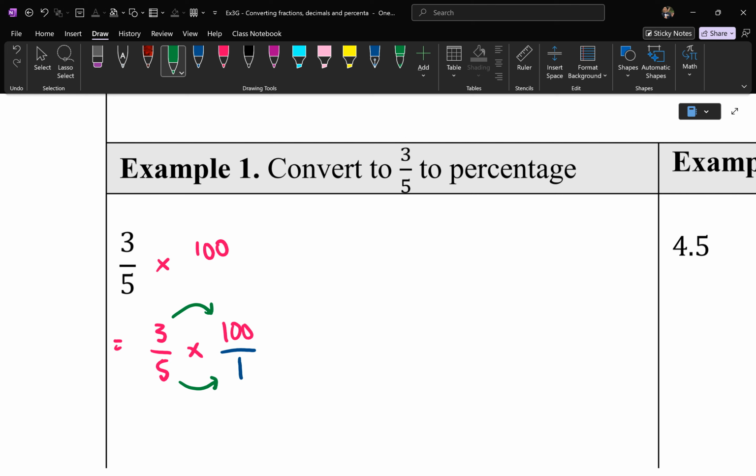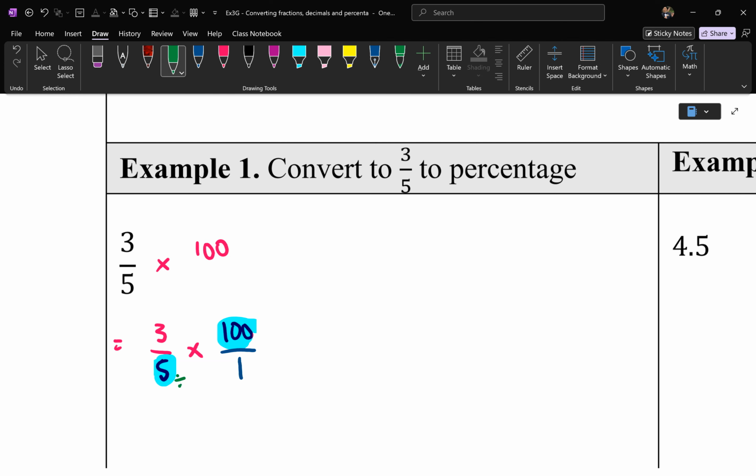Now, let's look for numbers that you can simplify. Is there a number that's on the top versus a number that's on the bottom that you can see that can be simplified? 5 and 100. And you see here, 5 and 100. There is a number that is a factor of 5 and 100. What's the number? 5. Very good. So let's simplify the fraction before we multiply then.